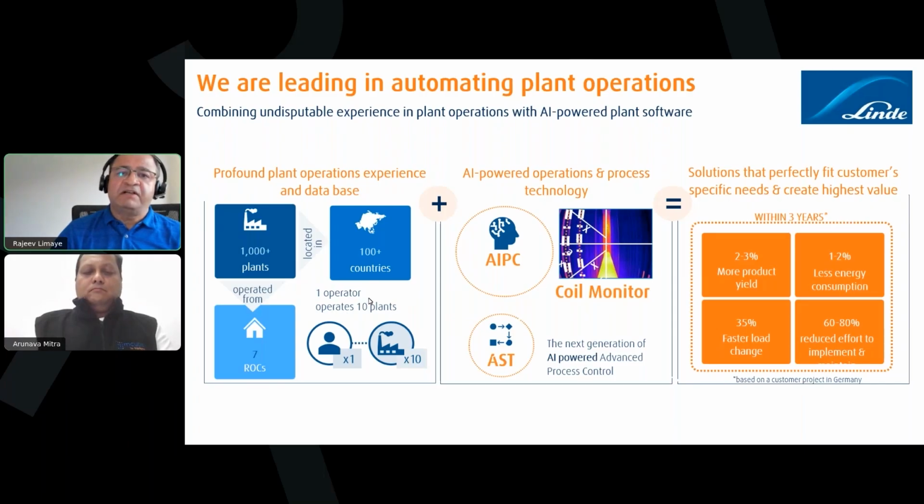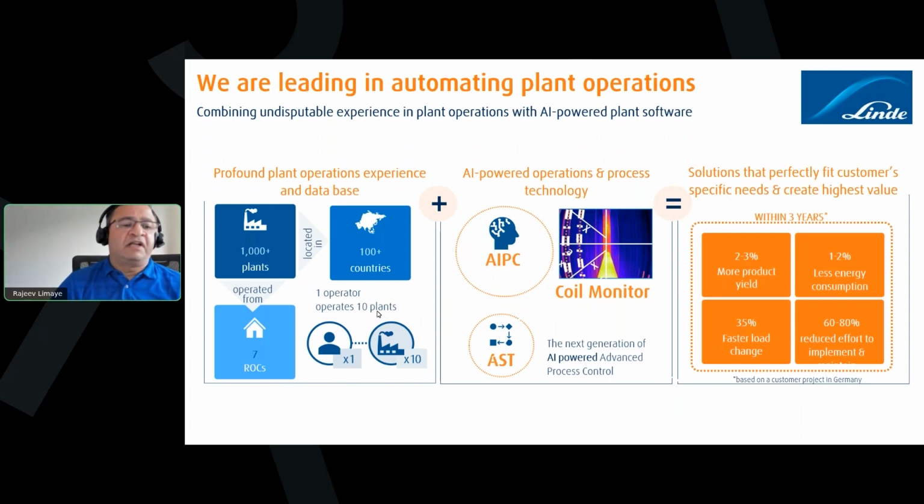Typically, one operator at a remote operation center is responsible for controlling 10 or more plants. The operator would typically run these plants based on exceptions, responding to abnormal situations or alarms, but the advanced applications installed and running at these plant locations allow us to operate in this fashion.